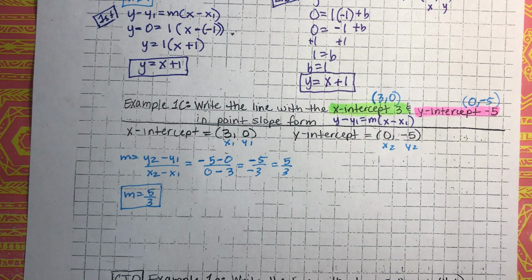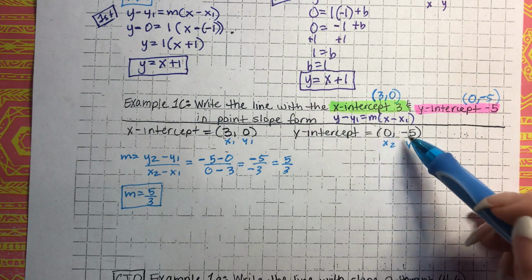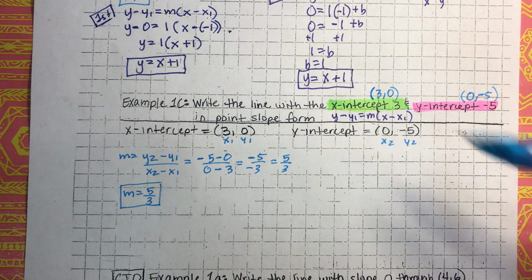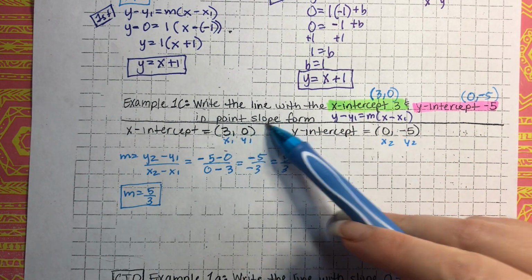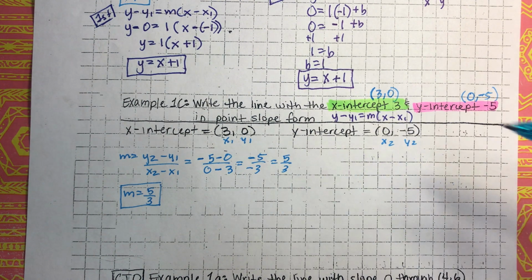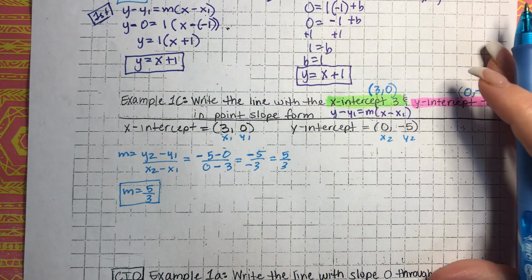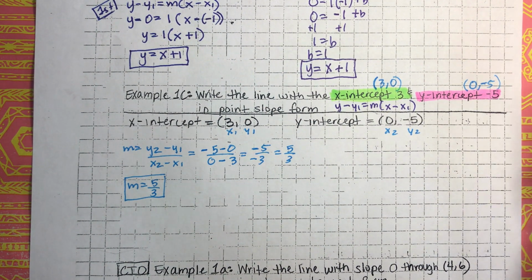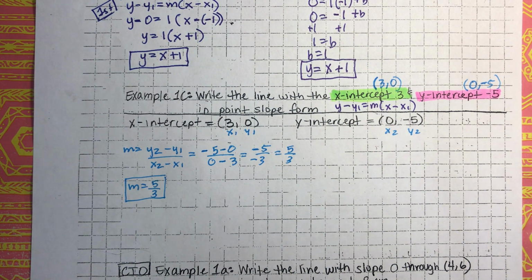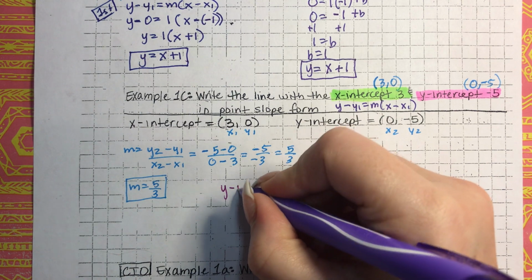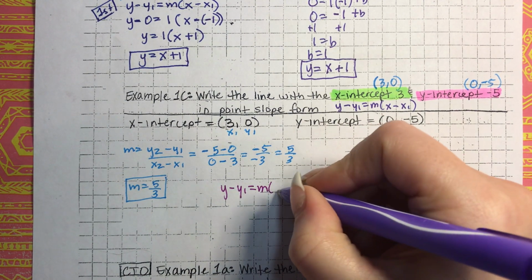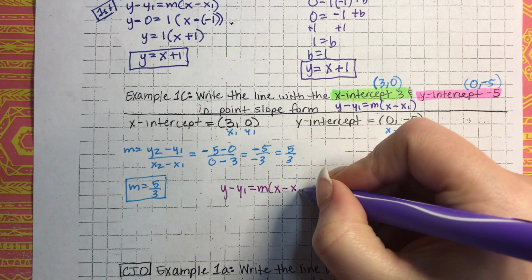Perfect. Okay, so now we have our slope and we have a point. It doesn't matter, so we can write a formula in point-slope form. Since we have two different points, we actually could have two different formulas. So I'm going to write down both options so that you guys can see how that works. So y minus y1 equals m multiplied by the quantity x minus x1.